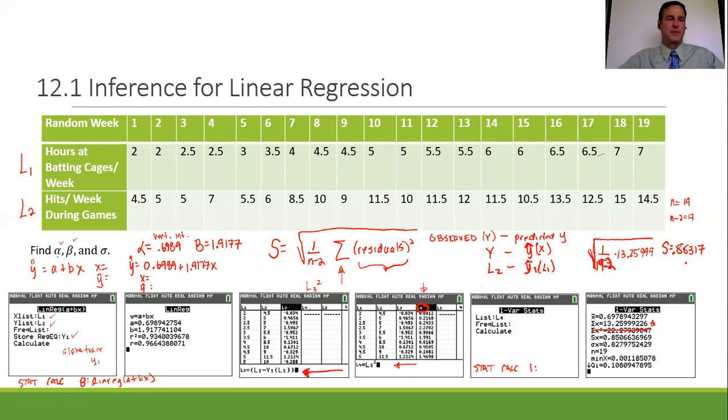Okay, 0.88317. In fact, I'll even put a 6 on it because it didn't round well. There you go. All right, and so what does that mean? That's how far on average your data values in your sample are from your least squares or regression line in a vertical sense, okay? So there you go, and that is an estimate for what we believe sigma to be.